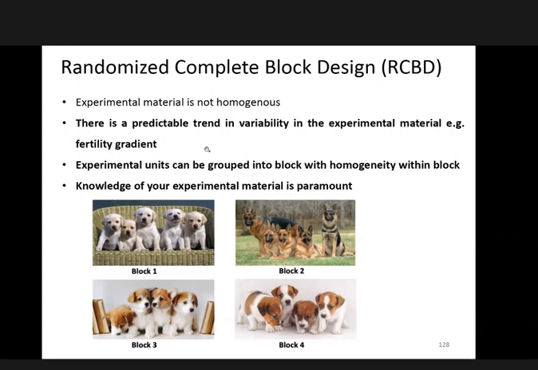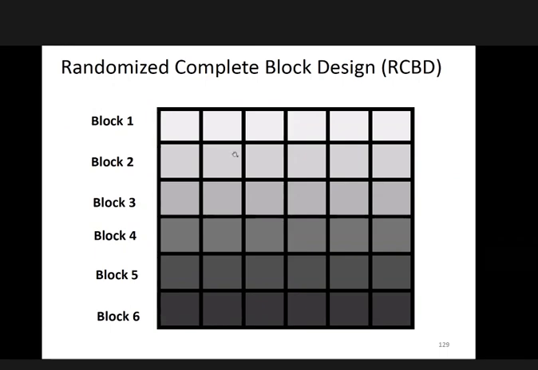Okay. So the whole idea is, for example, let's say we look at these different colors to indicate differences in the experimental material. So you can see that block one will consist of units that are a bit lighter, and then block six will consist of units that are a bit darker. So block one could be a room that is well lit, and block six could be a dark room, for example.